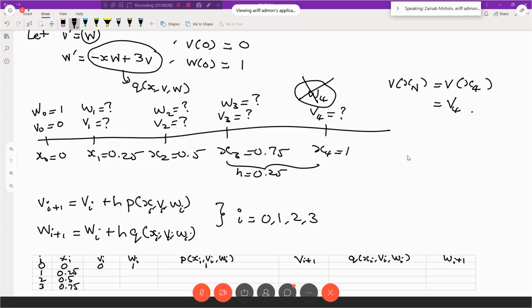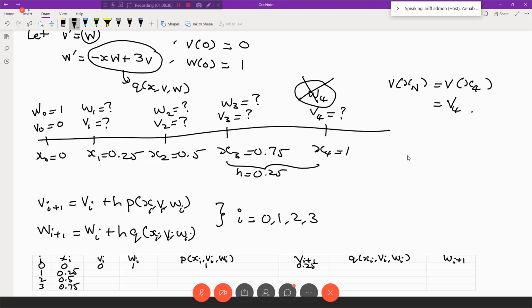So now calculate your V(i+1). What is your V1? 0.25. How about Q? Okay, X0, V0.